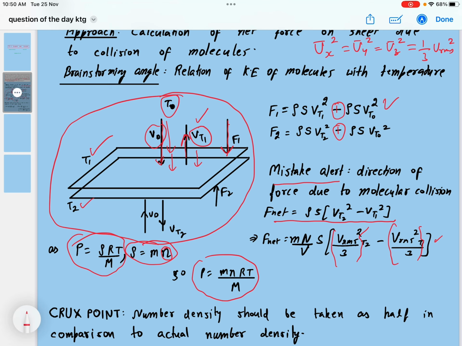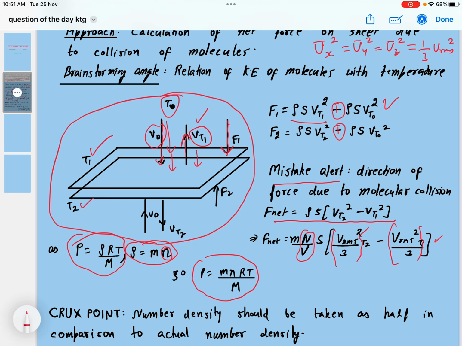Now here the problem is the crux point of the question. The number density I take here should be half of the actual number density, because in the expressions I am applying the thrust force formula for the molecules which are going downwards.